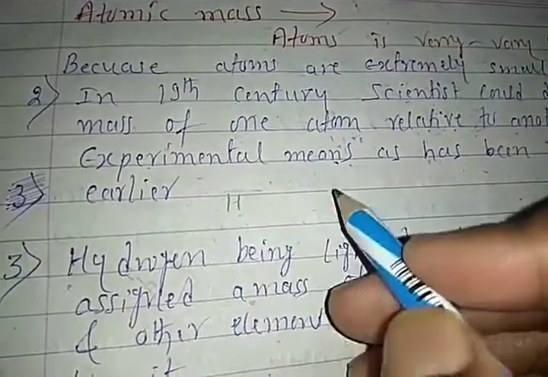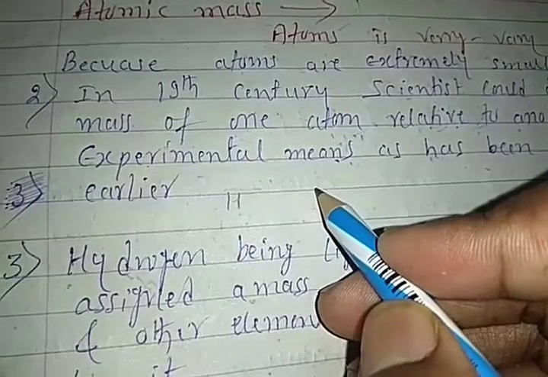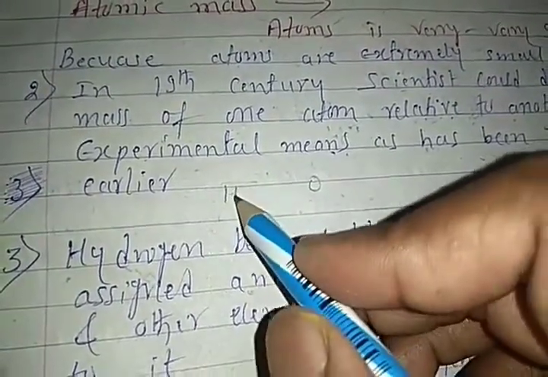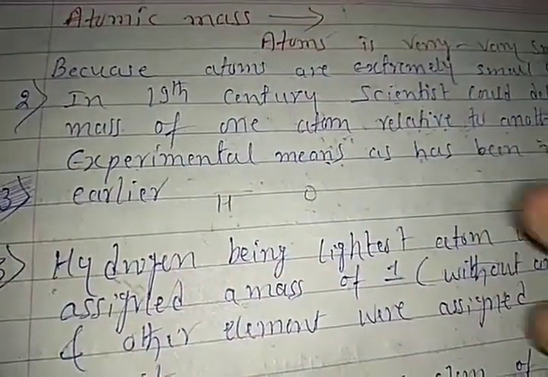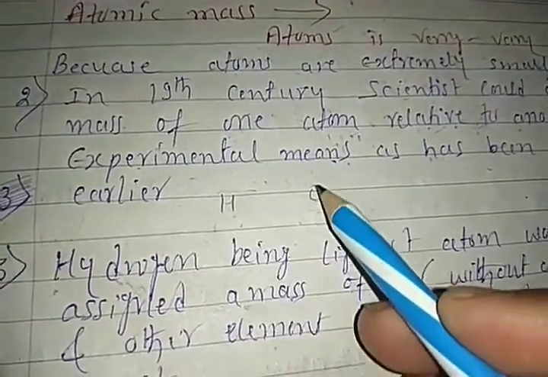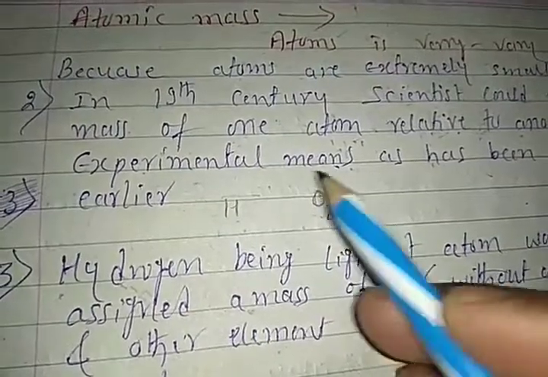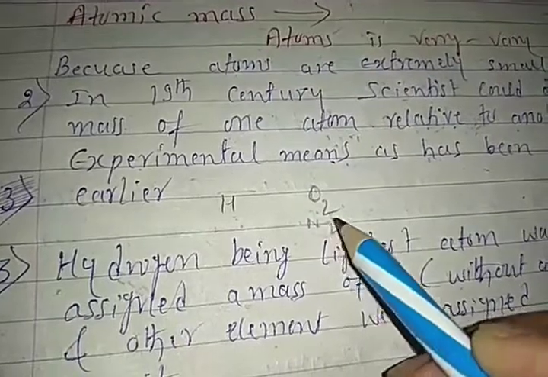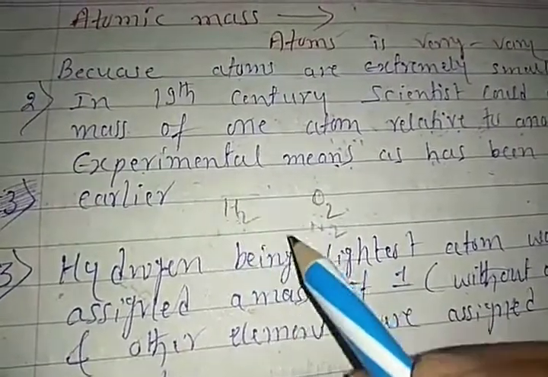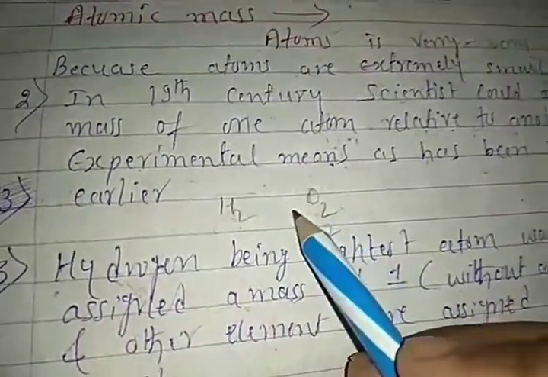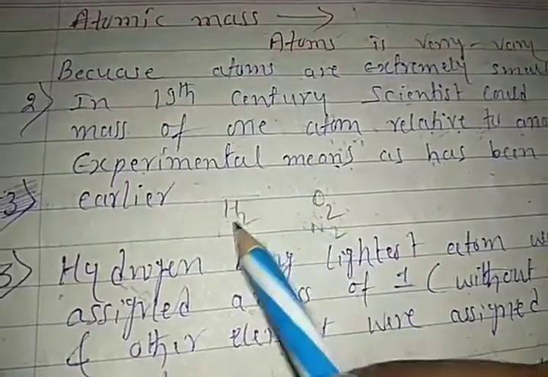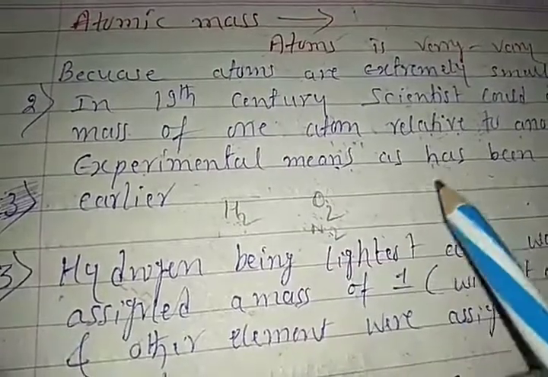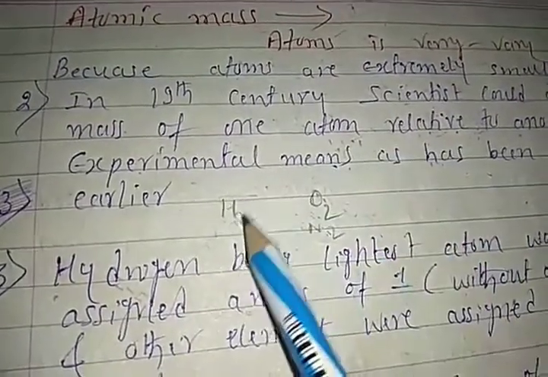With respect to hydrogen, we calculate the mass of oxygen, and the mass of nitrogen with respect to hydrogen. In this way, the masses of oxygen, nitrogen, carbon and other elements are calculated with respect to hydrogen.